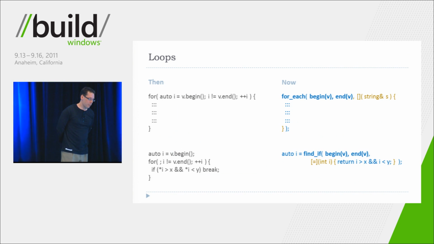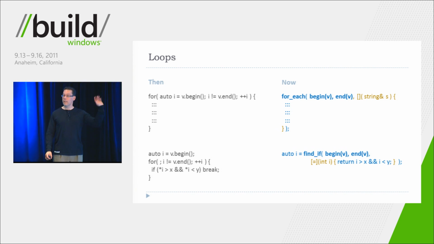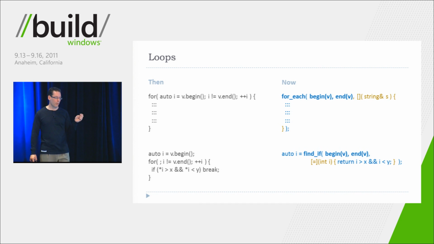Now, I talked a bit about loops. On the left-hand side, the old way is writing a for loop. And the left-hand side code is still perfectly valid. It still compiles. I would just encourage you to do it the right-hand way, because it's semantically the same and actually sometimes faster. And it's simpler. On the left-hand side, look at the for loop. We talked about this already. For auto i = v.begin(); i != v.end(); ++i.